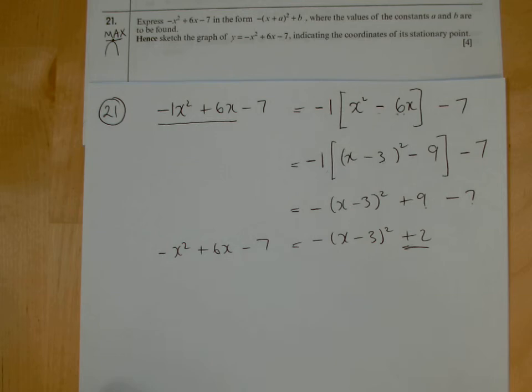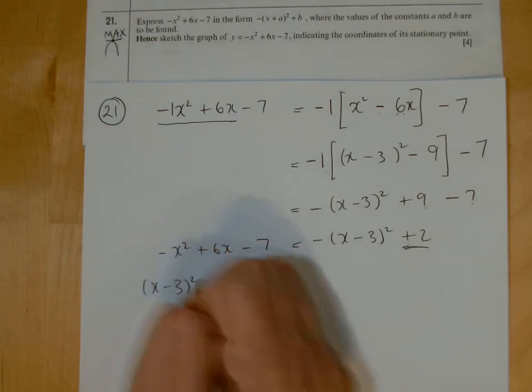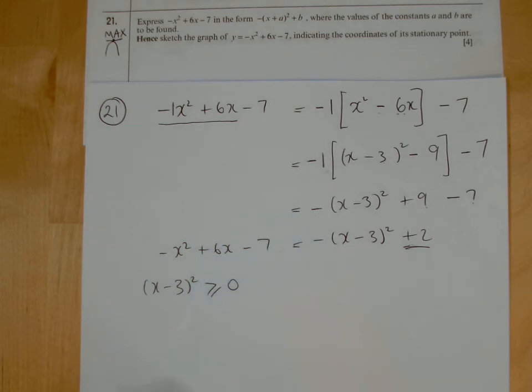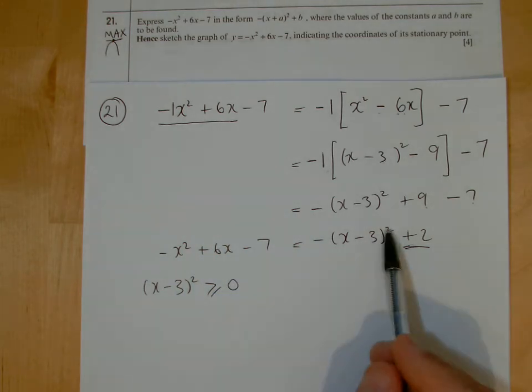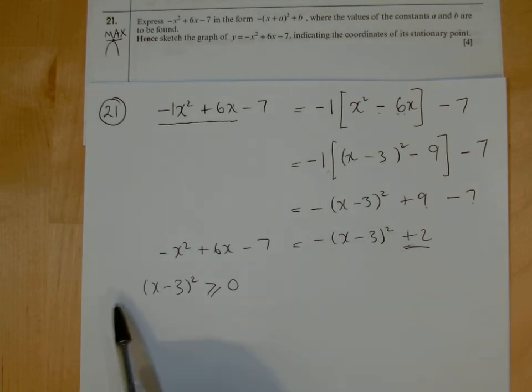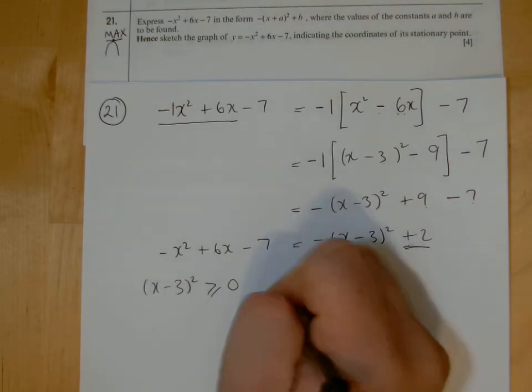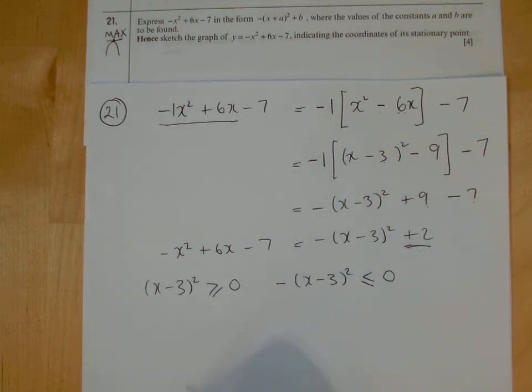The reason why is, x minus 3 all squared is always greater than or equal to 0. Because it's squared, it cannot be negative. If you put a minus in front of it, then it's always going to be negative, because it takes the positive answer all the time and makes it negative.